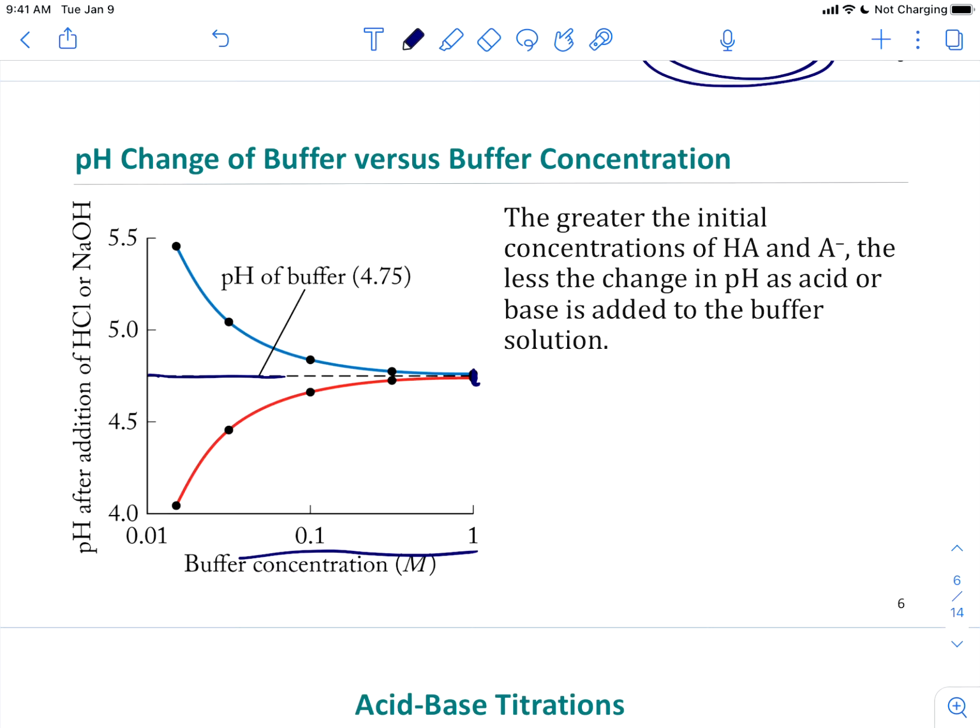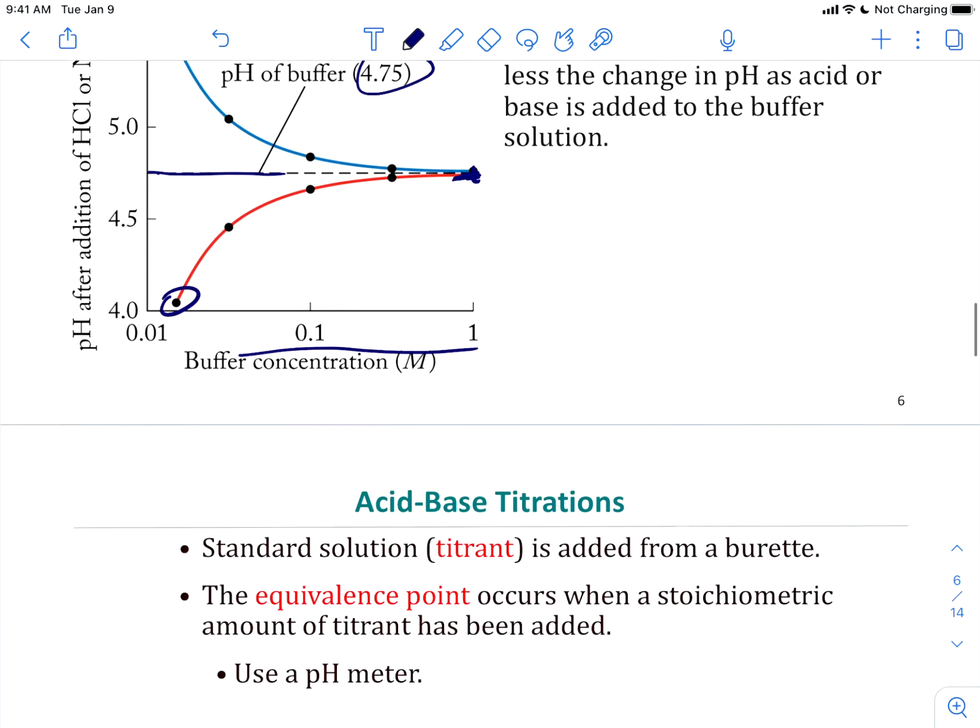So if you have a low concentration and you add some sodium hydroxide, you can see the pH is increased quite a bit over the desired buffer pH, or if you add HCl. But with a high concentration, we get very little change in that pH.